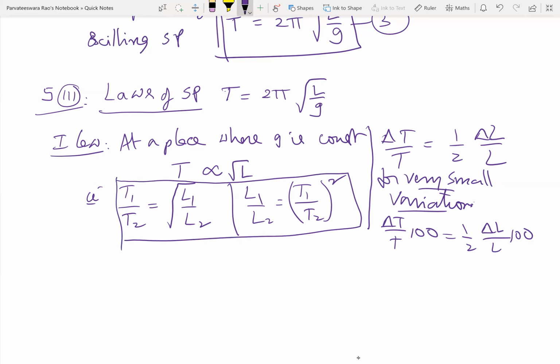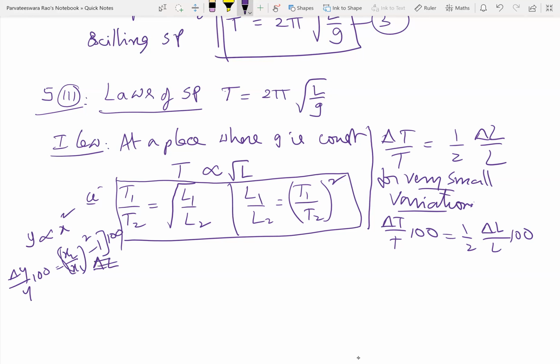And I told you in the work and energy lesson, wherever there is a relation y varies directly as x square, then we can use that formula. What is that I said? Delta y by y into 100 is x2 by x1 whole square minus 1 multiplied by 100.